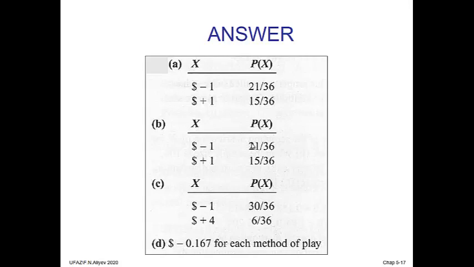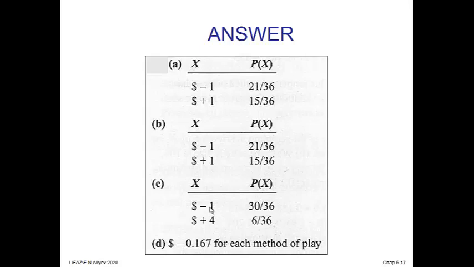Similar situation we will have for this. Again, this multiplied by this plus this multiplied by this. Again, it's equal to -1 over 6. It means that the long run loss for this bet is also -1 over 6 dollars. And it's interesting that if you do the calculation for this case, again you will have the same result.